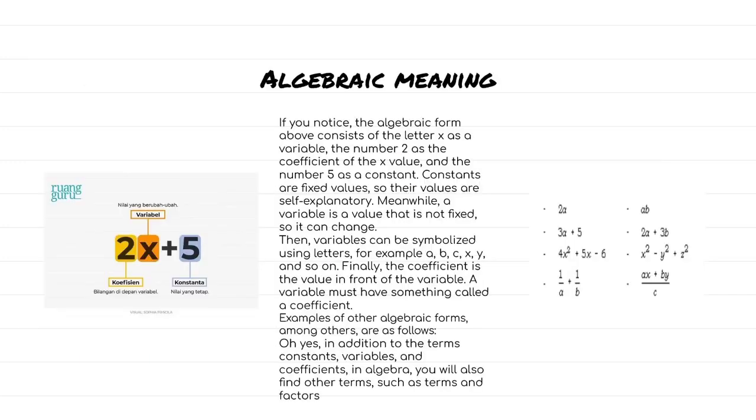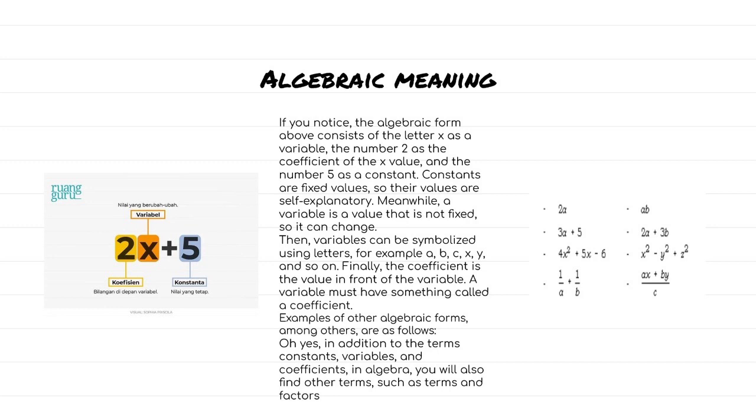Next, algebraic meaning. If you notice, the algebraic form above consists of the letter x as a variable, the number 2 as the coefficient of x, and the number 5 as a constant. Constants are fixed values, so their values are self-explanatory.